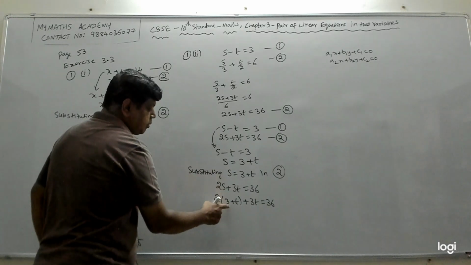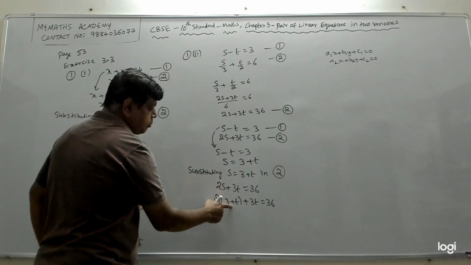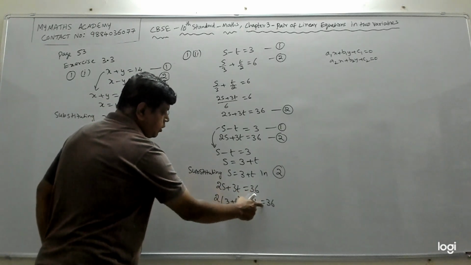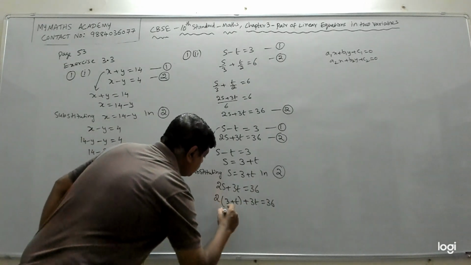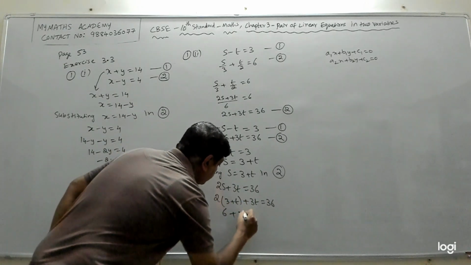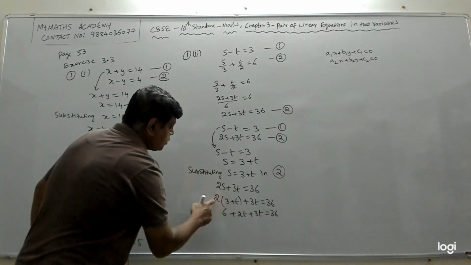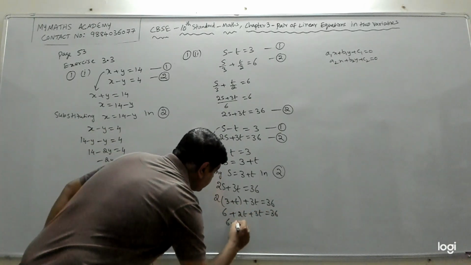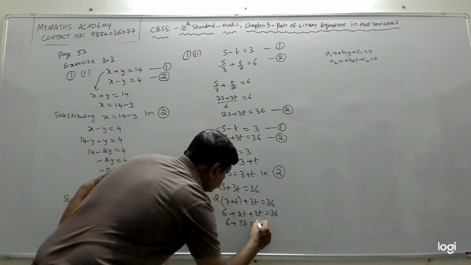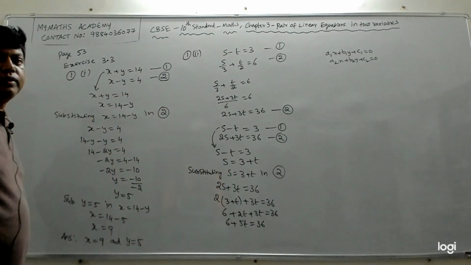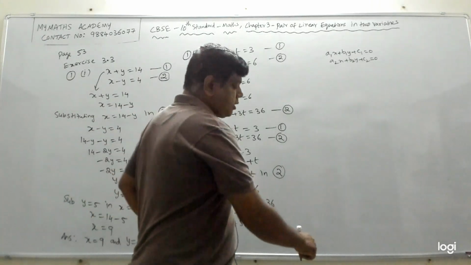So 2 into (3 plus t) plus 3t equal to 36. Multiplying, 2 3s are 6, 2 into t is 2t. Then 6 plus 2t plus 3t equal to 36, so 6 plus 5t equal to 36.